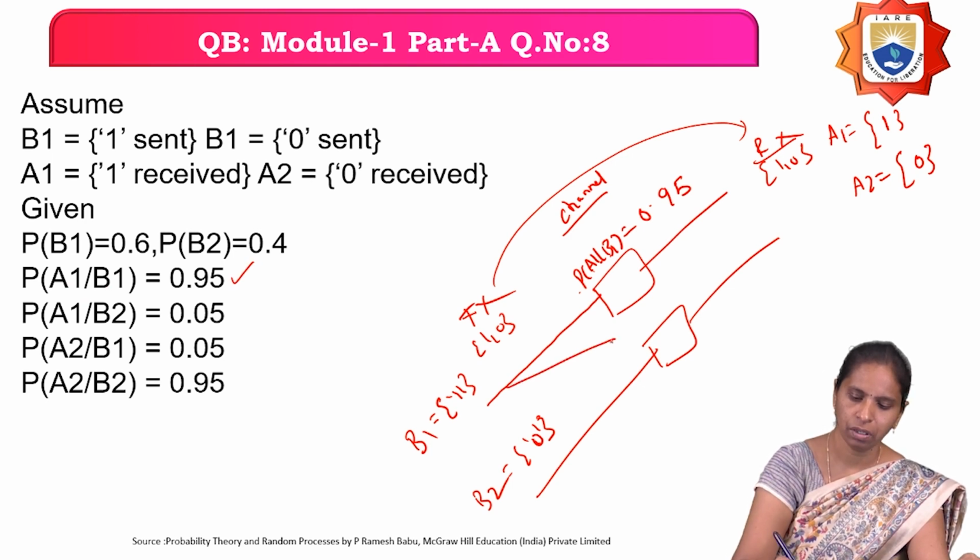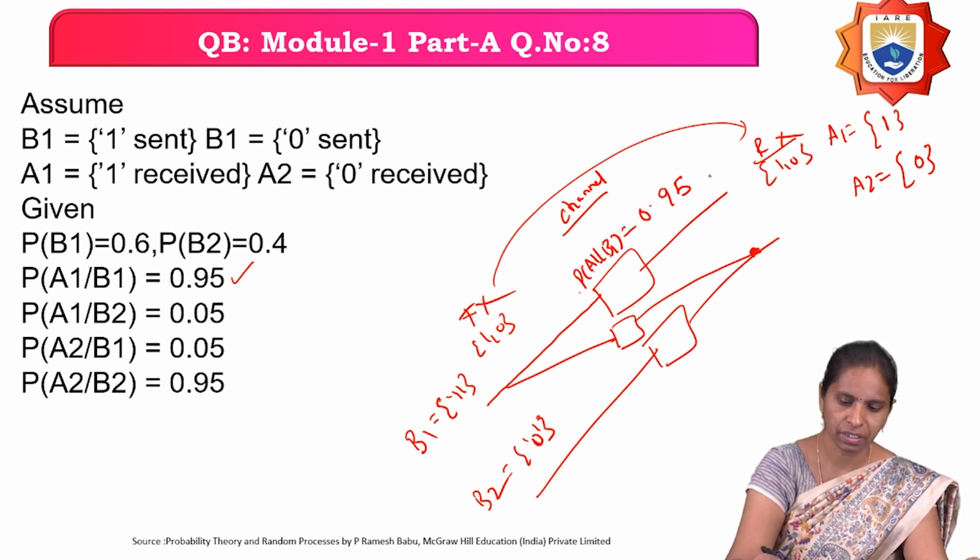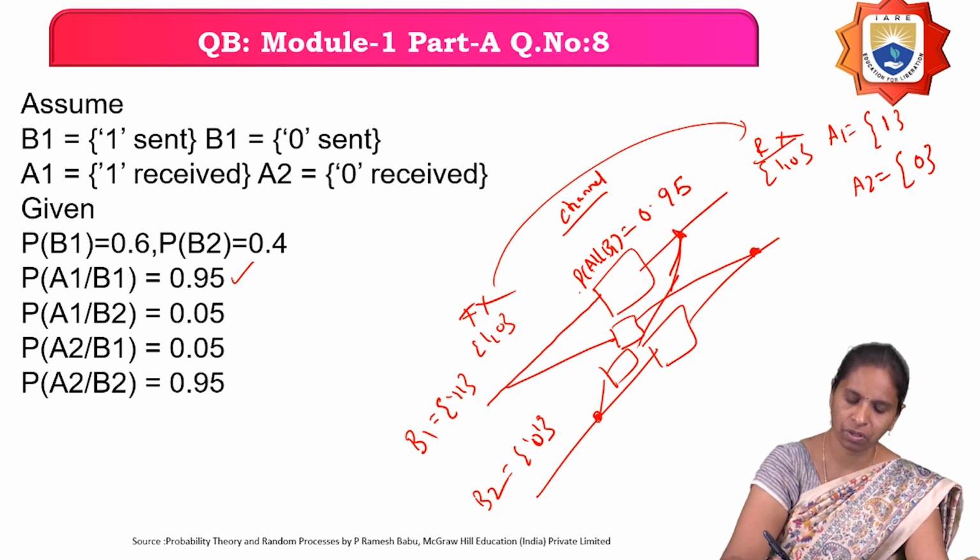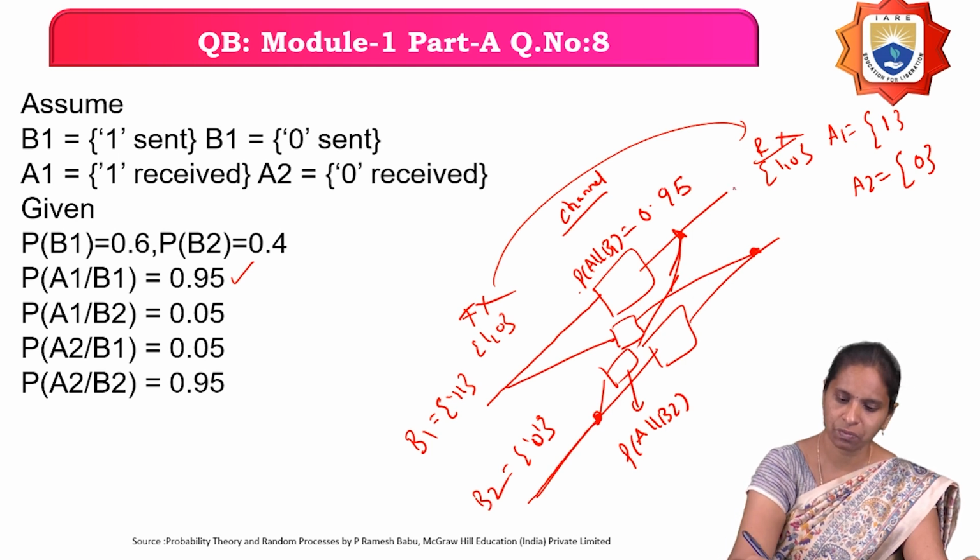Nothing but the probability of receiving a symbol 1 given that the transmitted symbol is 0. What does it mean? Transmitted as 0 but received as 1. Then the probability is equal to 0.05.